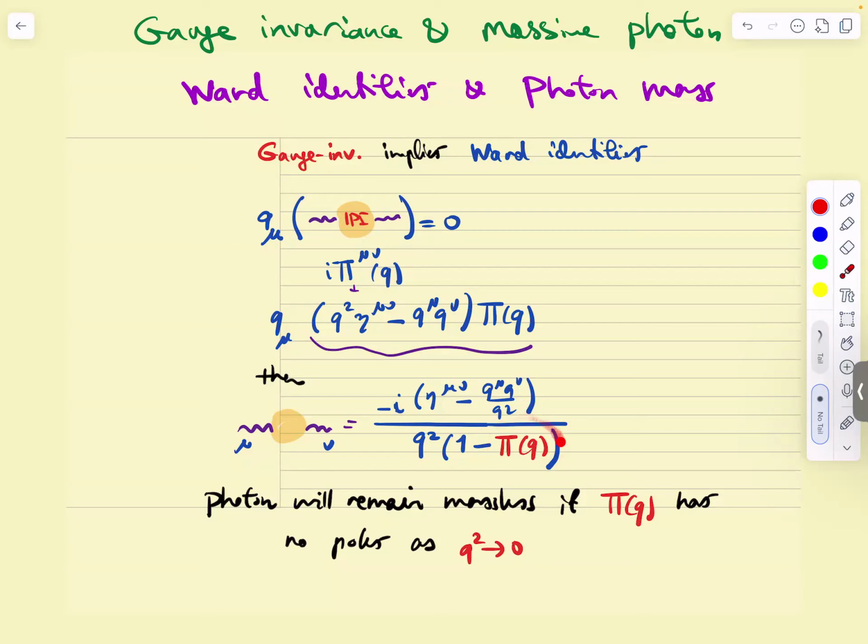So we insisted that this should not have an extra pole as q squared goes to 0. Said differently, gauge invariance got all the way up to here, and then we said the masslessness had to do with the fact that as q goes to 0, this is not vanishing, so it remains massless. Good. So this argument is correct, but what's going to change is this part.